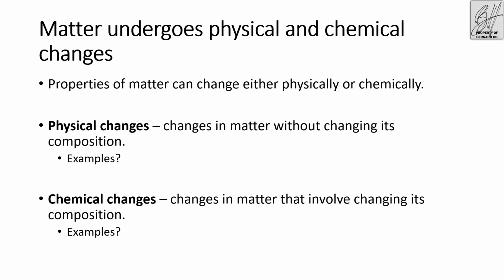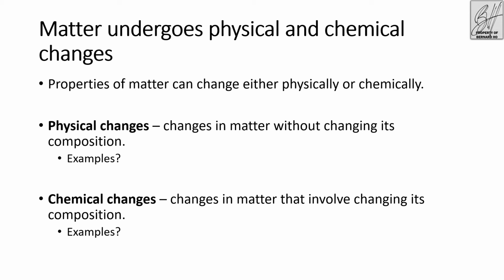And very similarly to the relationship between physical properties and physical changes, we can only observe chemical properties by observing chemical changes. Case in point, we know that octane, which is the main molecule in gasoline, has the chemical property of being combustible, right?